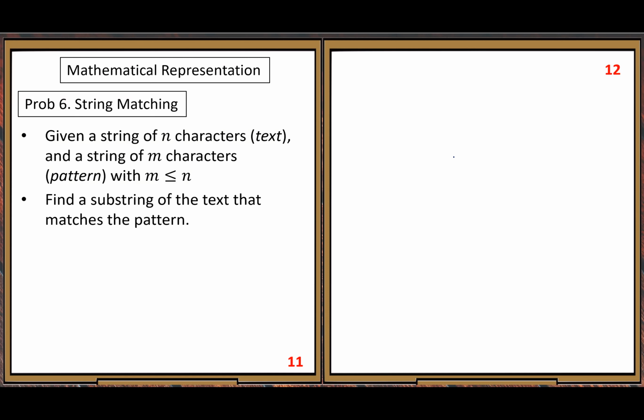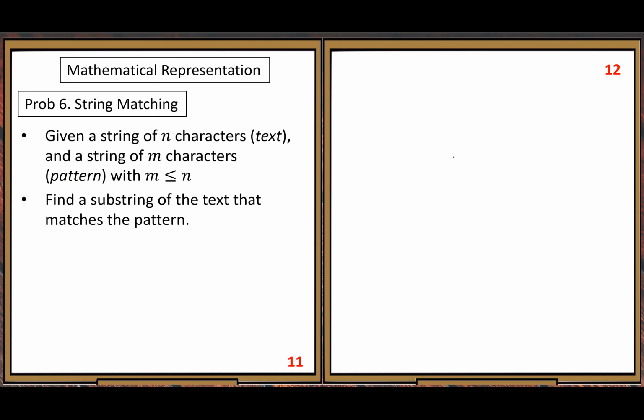So complicated. But you can see string matching, how can you solve it in a different way than brute force? Brute force, you just compare all the possibilities. That's the brute force. But with the complex one, you do not have to compare all the possible substrings. You can skip many substrings.